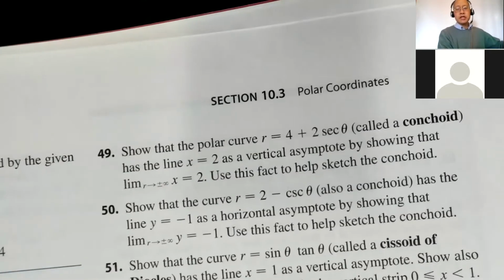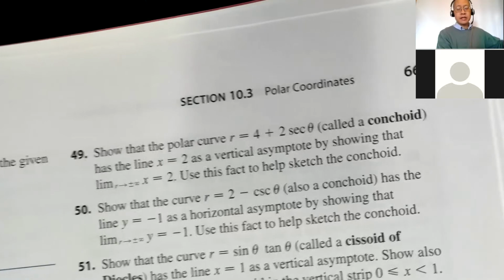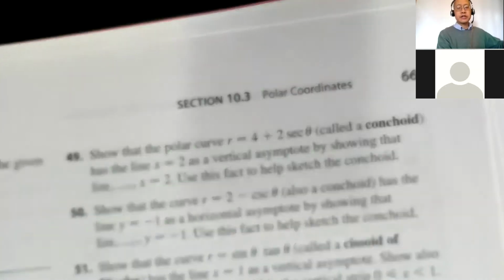And just thought I'd mention to you, I'll do this after next week, but there are a couple of sections on something called polar coordinates. Section 10.3. You'll need special polar graph paper for that, and I want you to use the exact graph paper that I'm going to ask you to have.